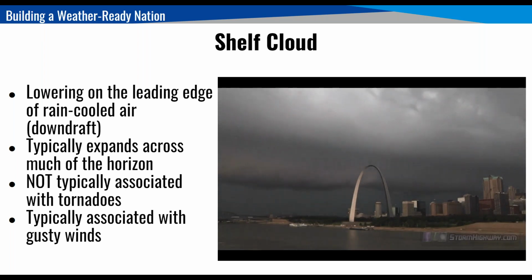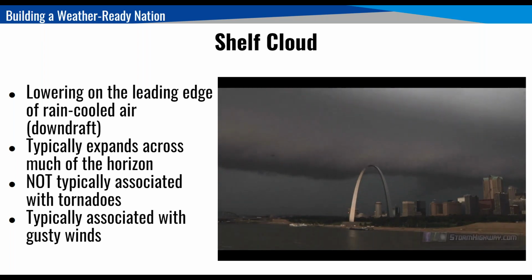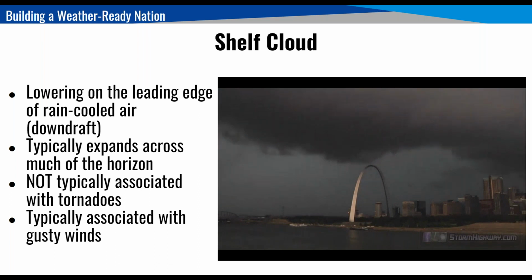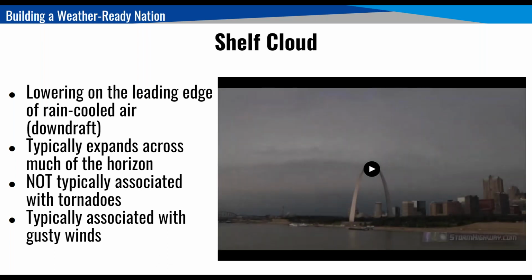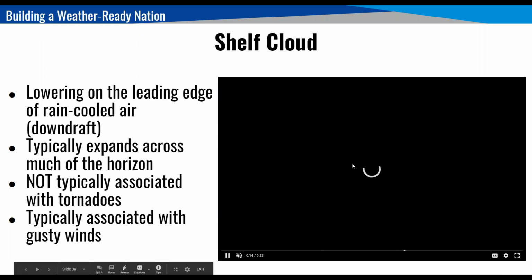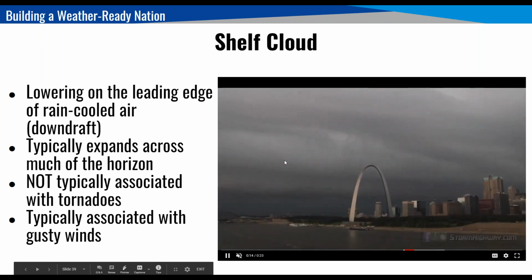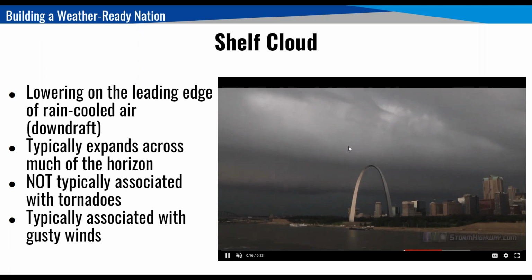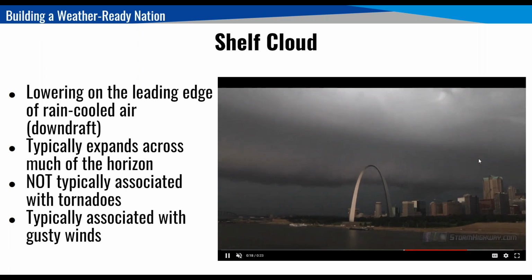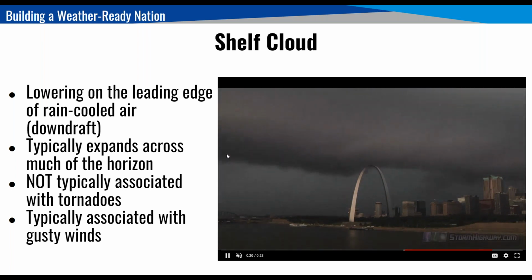This is a video shot looking west, towards the St. Louis side. And you can see what appears to be a lowering on the leading edge of the rain-cooled air. Typically you're going to see that feature expand across much of the horizon.